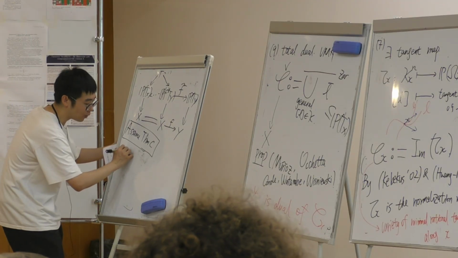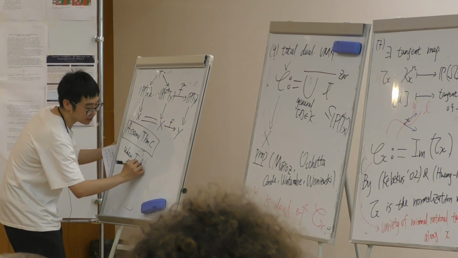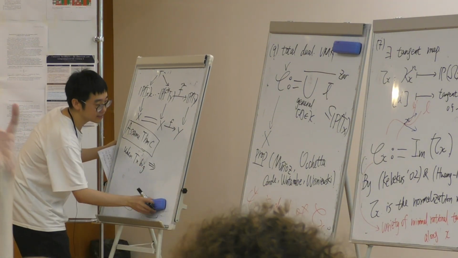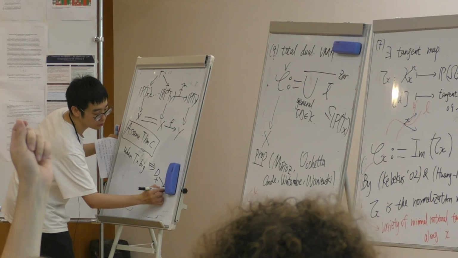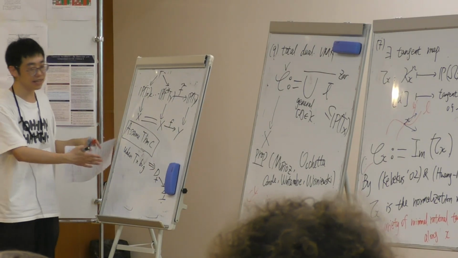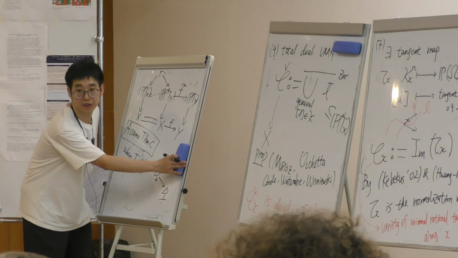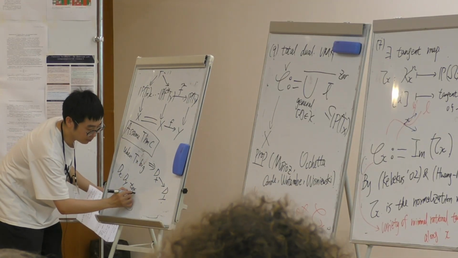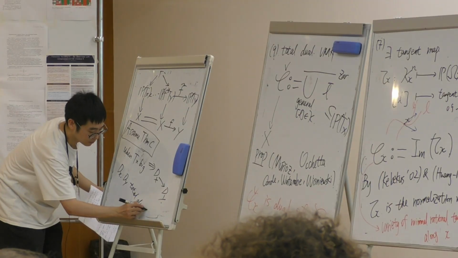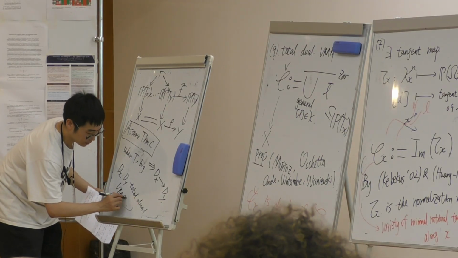We should prove when TX is big, then we obtain that DX is sent to DY. So in the following, I use DX and DY to represent the total dual of MRT. Okay?